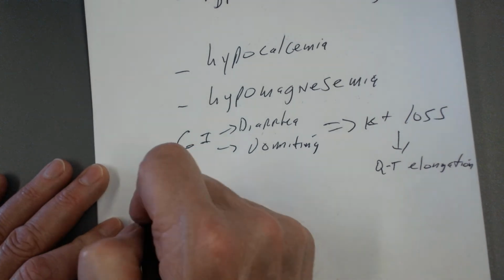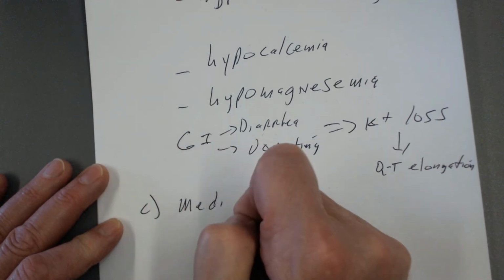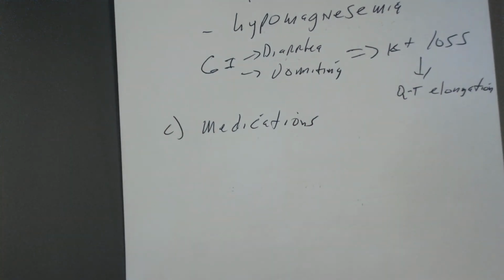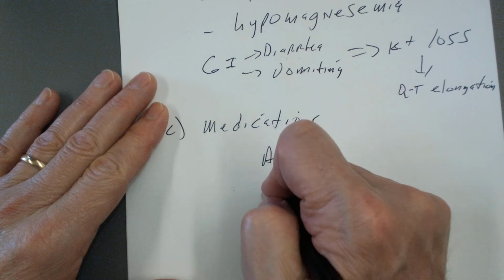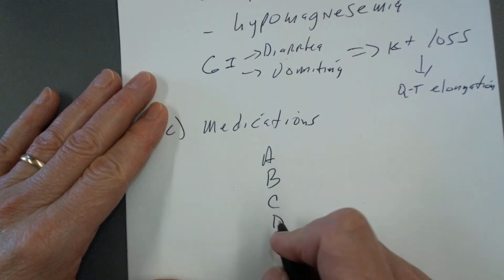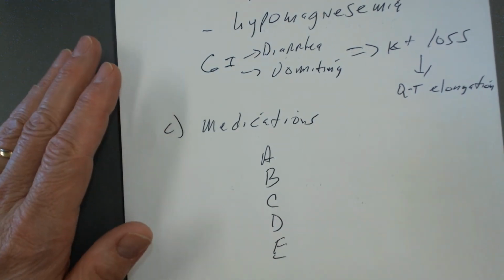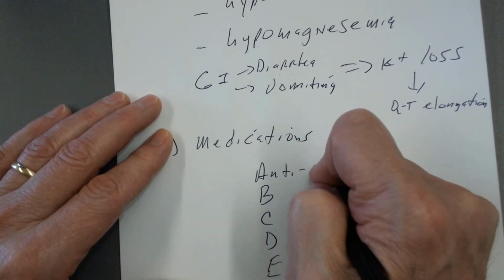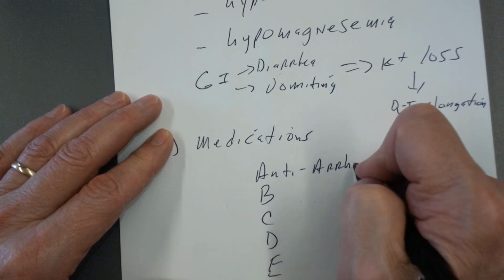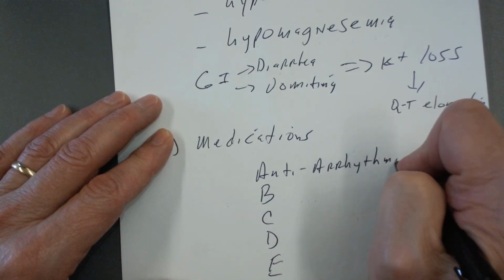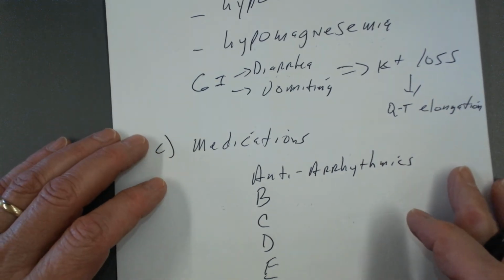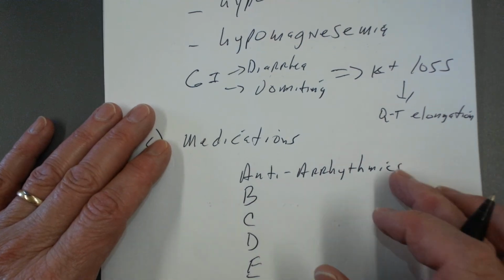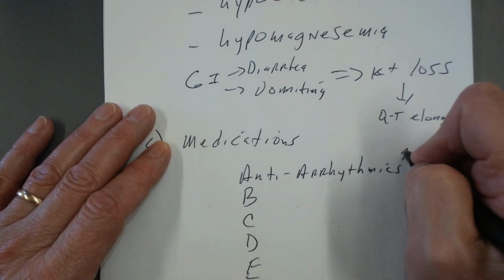Then there are medications. Now with these, you want to remember A, B, C, D, E, just like that. So A would be your antiarrhythmics. Certain antiarrhythmics are very good at causing QT elongation.